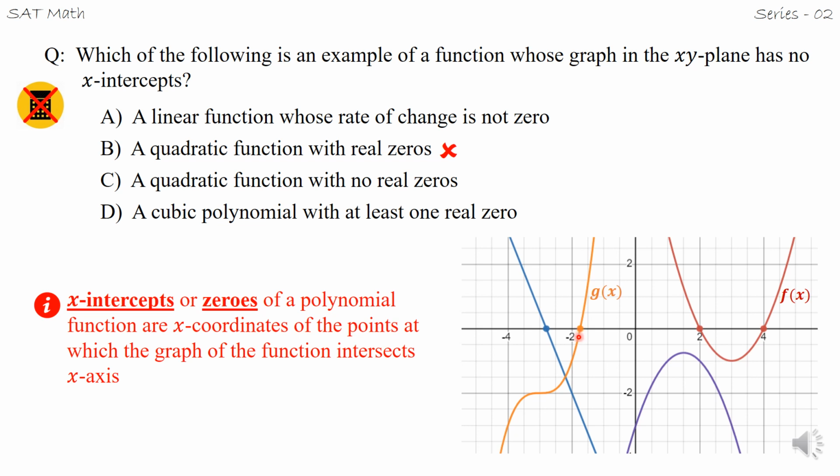So this also is not possible. h(x) is a linear function, which also has an x-intercept. Now take option C, a quadratic function with no real zeros. It will look like this, because it never intercepts the x-axis. So this is the correct option.